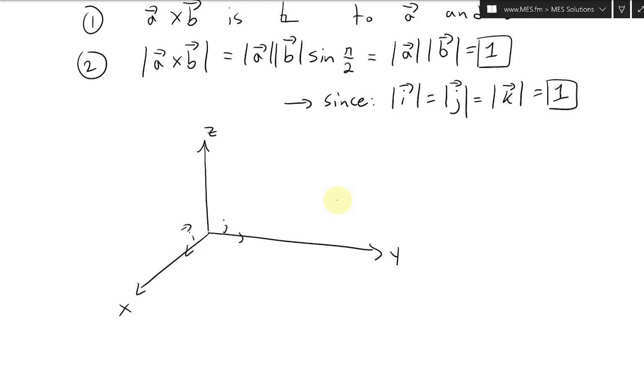This is j. And then k is above here. I should put the k up higher so there's no confusion. And this is the j right there.